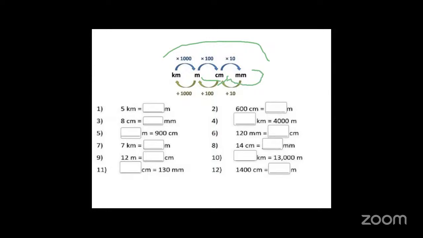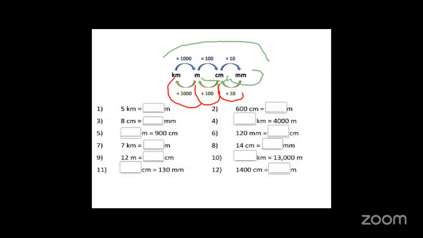If I'm to move from millimeter to centimeter, I'll divide by 10. If I'm to move from centimeter to meter, I'll divide by 100. If I'm to move from meter to kilometer, I'll divide by 1,000.